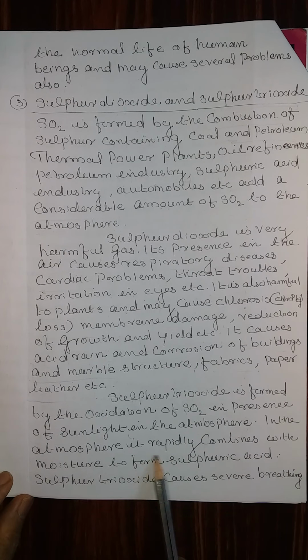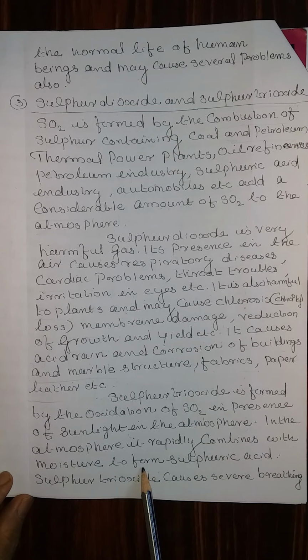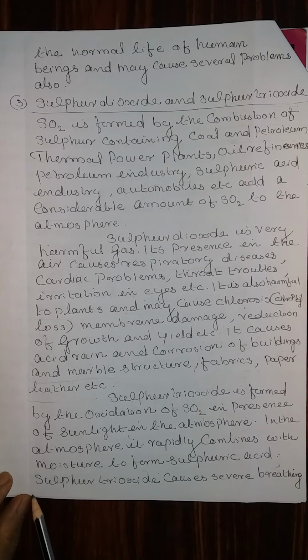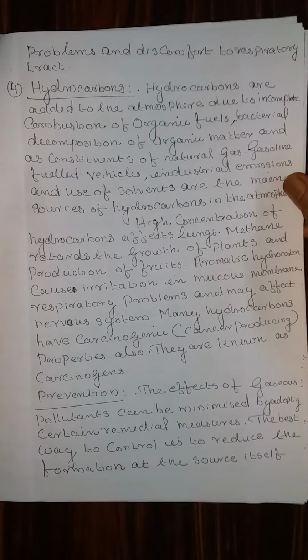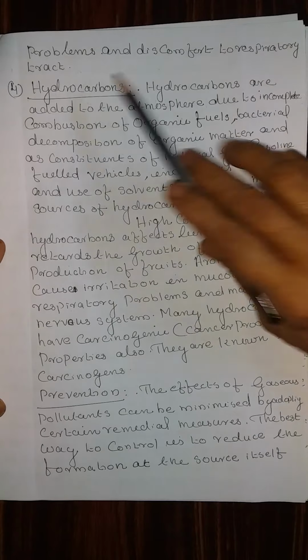In the atmosphere, it rapidly combines with moisture to form sulfuric acid. Sulfur trioxide causes severe breathing problems and discomfort to the respiratory tract.